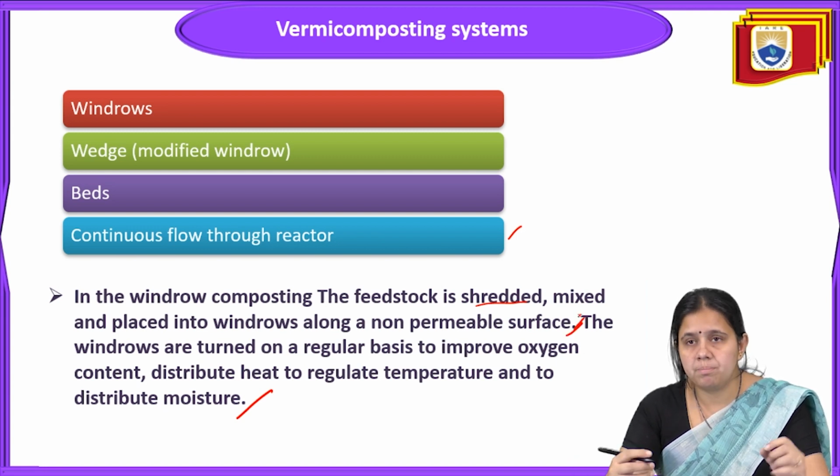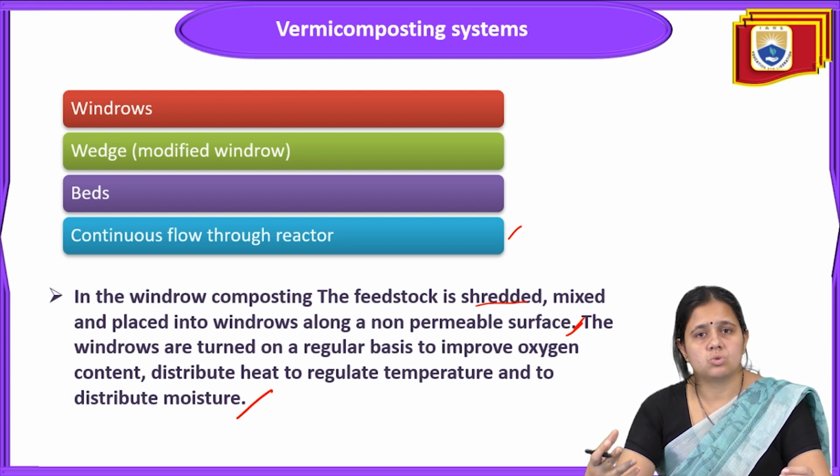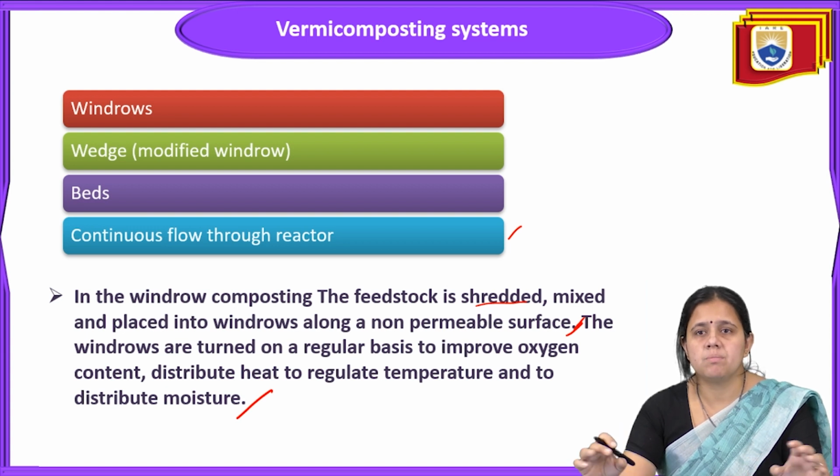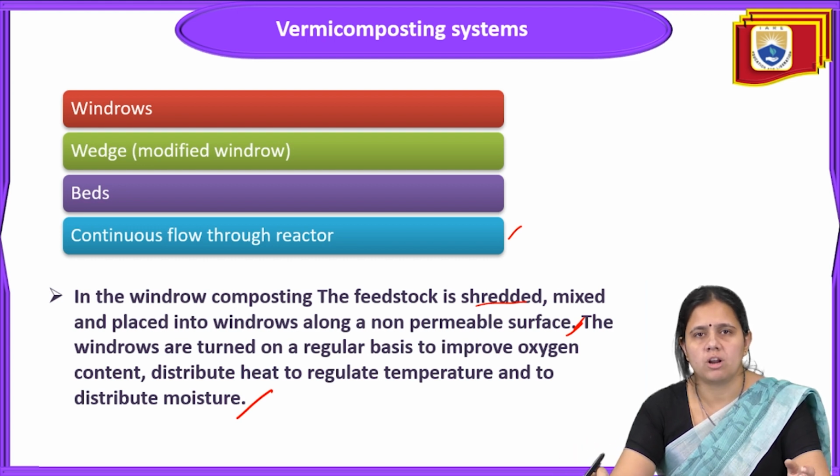It will be placed into the windrow along a non-permeable surface, and the windrows are turned on a regular basis. These windrows are turned so that the oxygen content will be improved and the heat will be distributed to regulate the temperature inside the bin, and to normalize the moisture content.